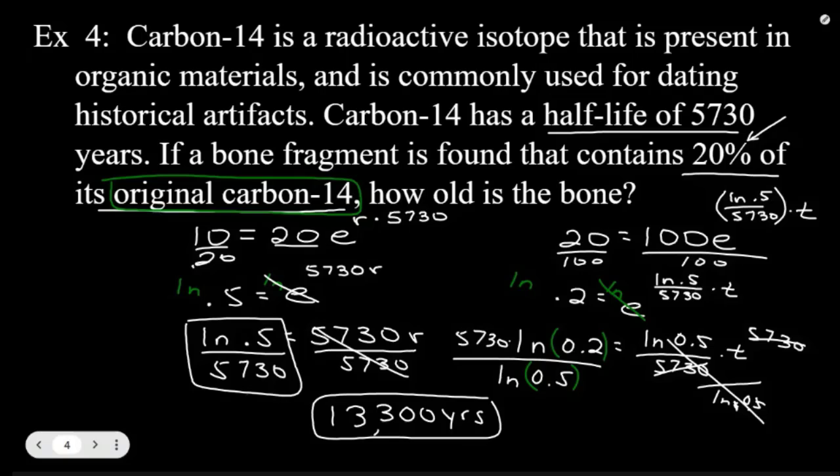Let's actually check. So let's see. Natural log of 0.5 divided by, I think it was negative 0.0001. Wait. Oh, yeah, it was. Oh, no, it was 0.2. No wonder.